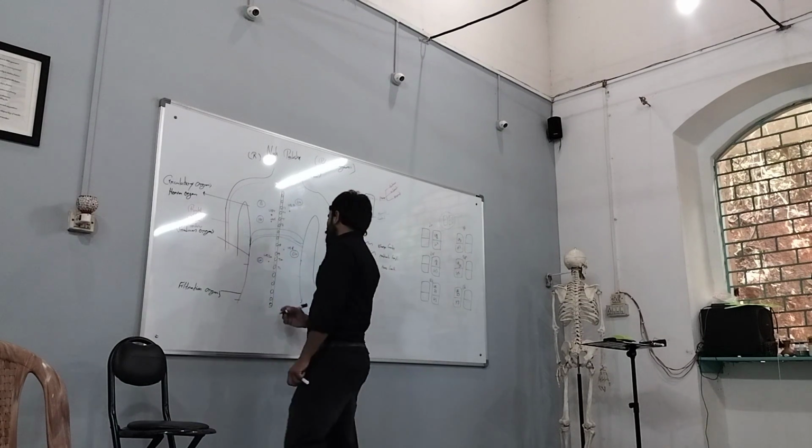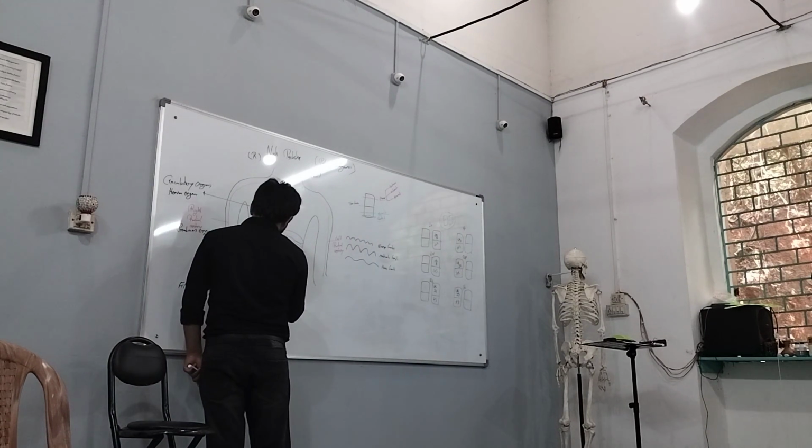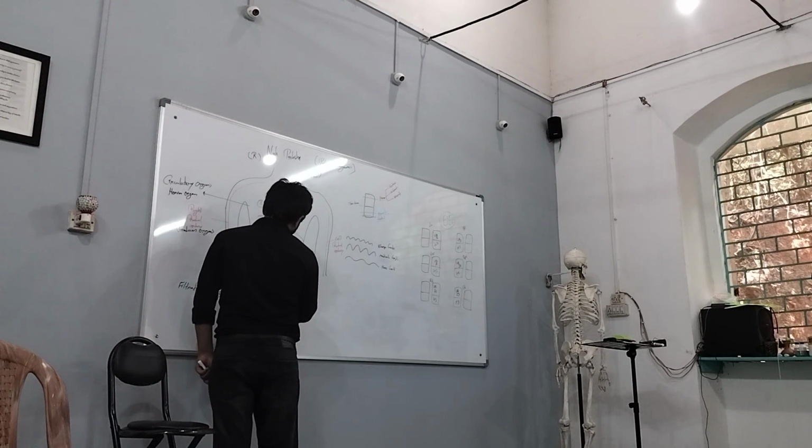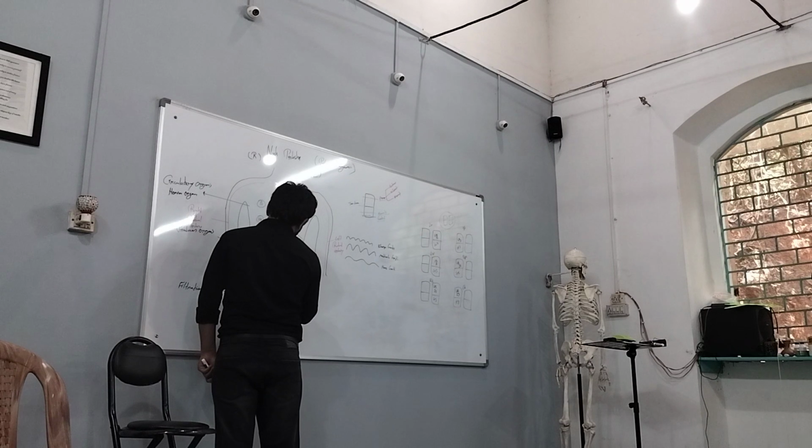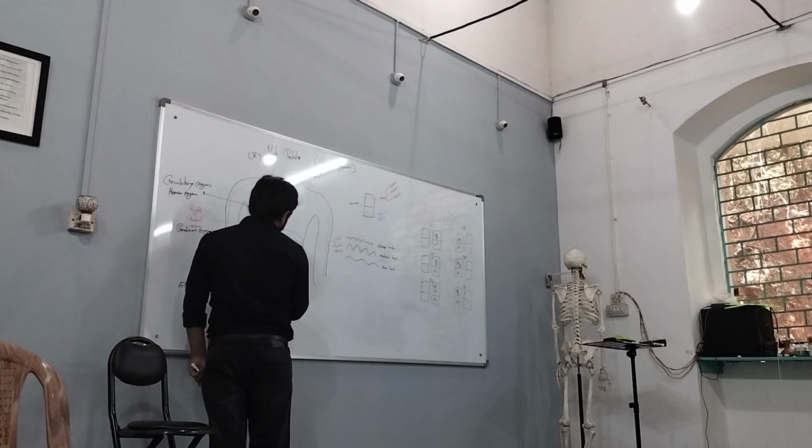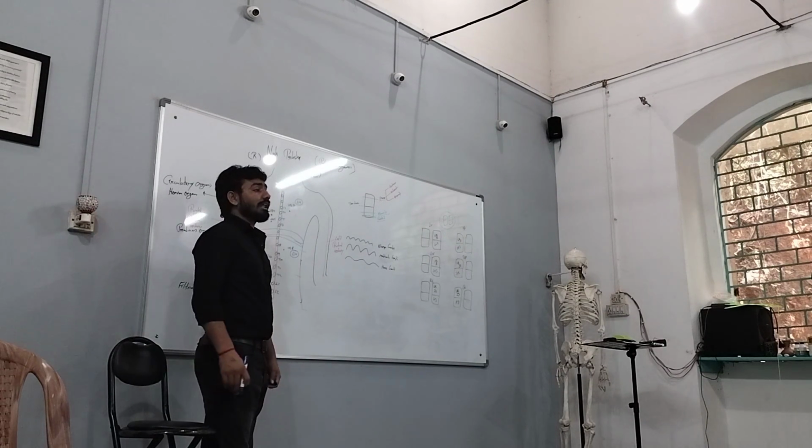Okay, so the actual point UB23 for your kidney is between L1 and L2.